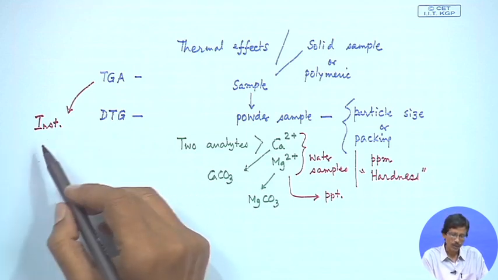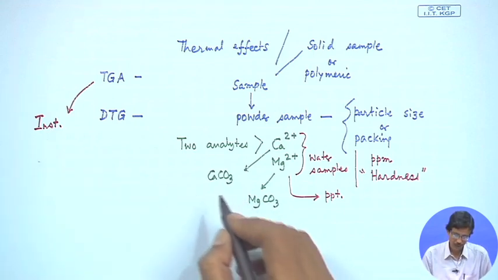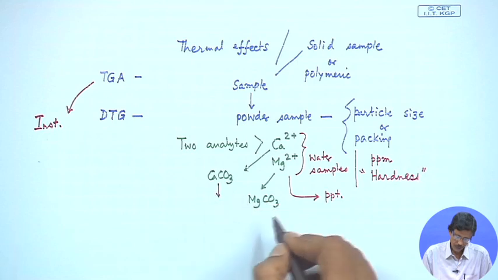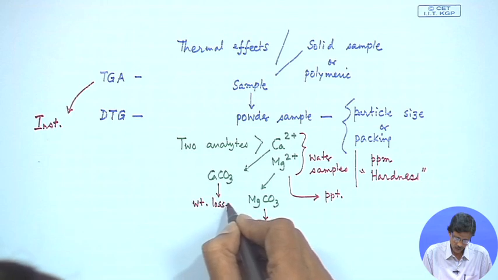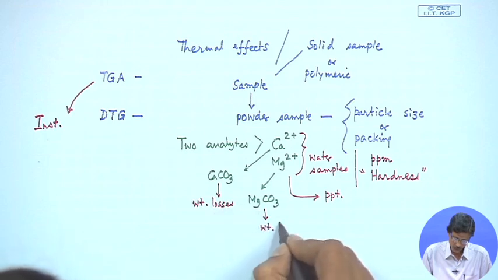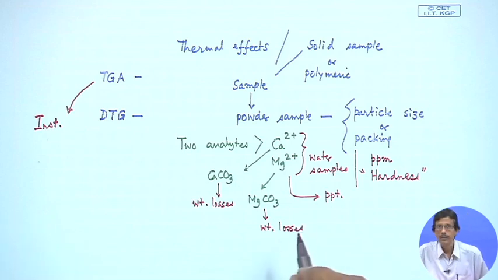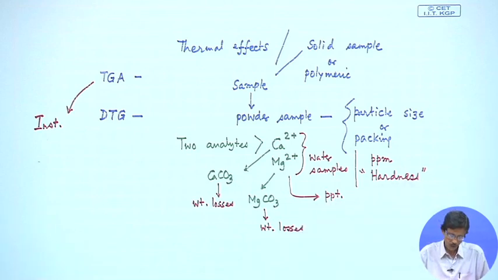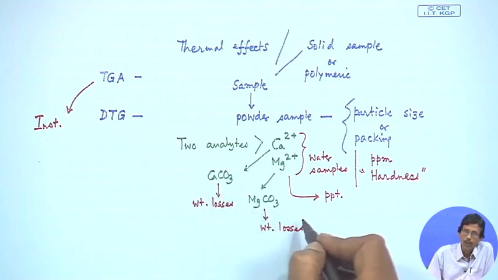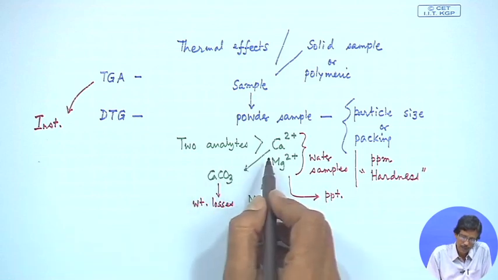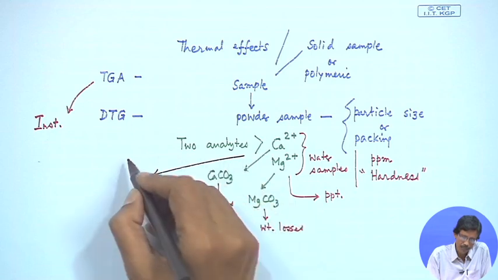Because if we have some well known sample, we know the corresponding weight losses, then we can find out the percentage or the amount of calcium and magnesium present in those samples. As well as this, something we can add is the corresponding precipitating agent.